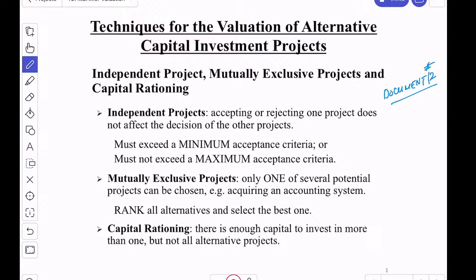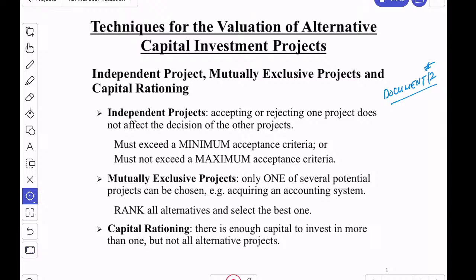So there's different kinds of decisions we can make. We could evaluate a project to determine if it has merit and then pursue the project on its own merit. Or we could have a situation where we have several projects to choose between, and in that case we have to pick only one.